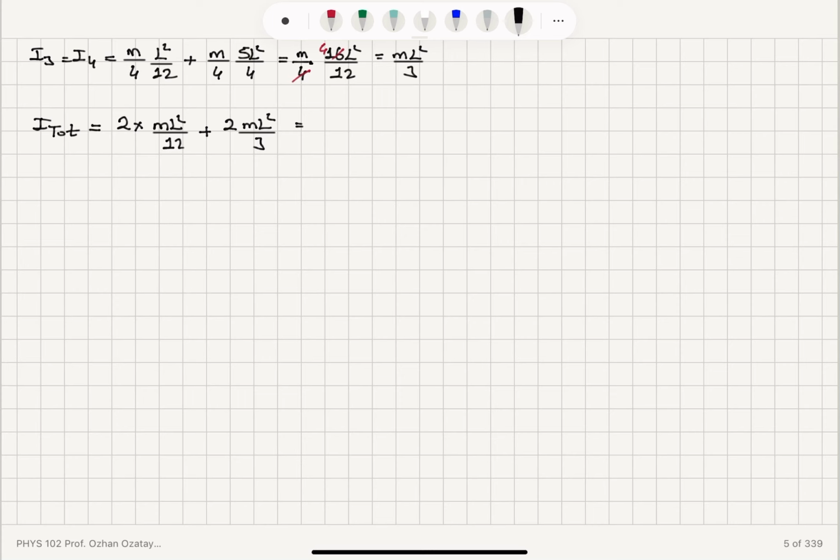So it's going to be 2 mL squared over 12 plus 8 mL squared over 12, 10 mL squared divided by 12, which is 5 over 6 mL squared. Then I can substitute the result I have obtained.